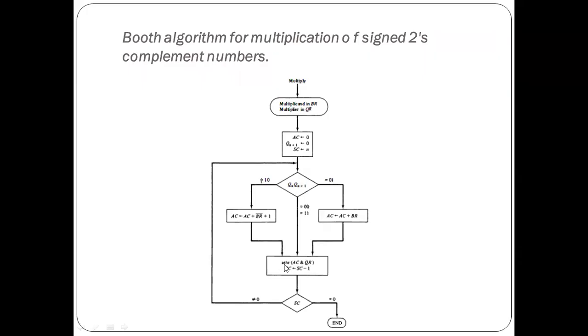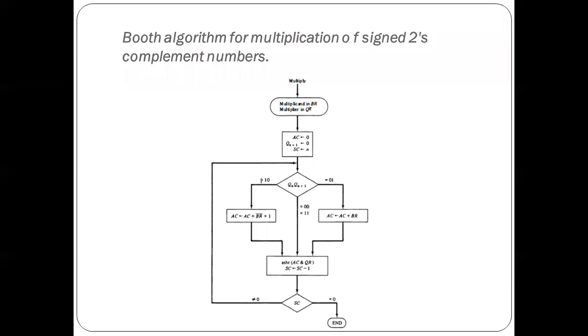After doing that, we shift the A and Q registers to the right, not just simply shifting. The shifting here is arithmetic shift right, because the most significant bit of the accumulator holds the sign, which has to be treated properly. If the sign bit is 1, then the newly added extra bit should also be 1, keeping the value of the number the same. A negative number should remain a negative number even after shifting.